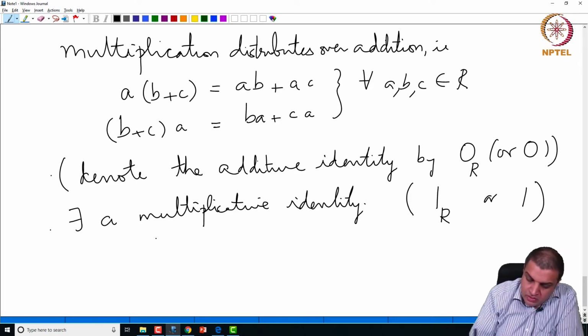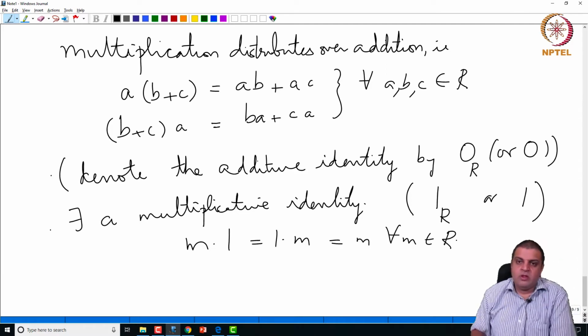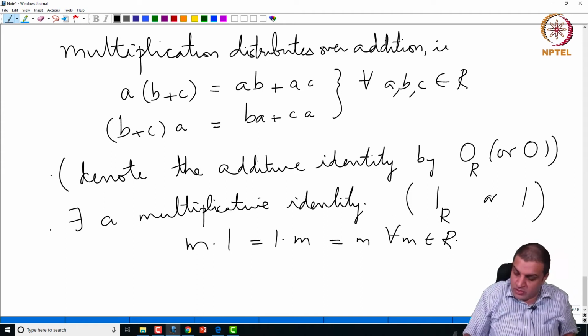And so what does this mean? This means that m times 1 is the same as 1 times m, and this is m for all m in R. Okay, so a set with two such operations with these properties is called a ring.